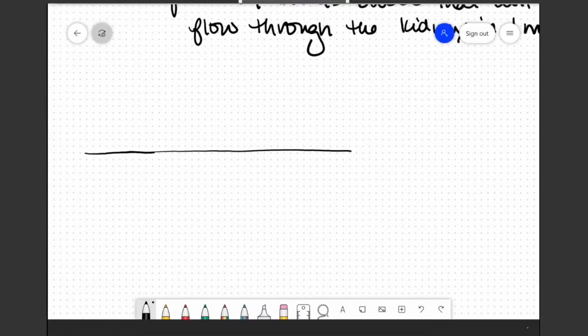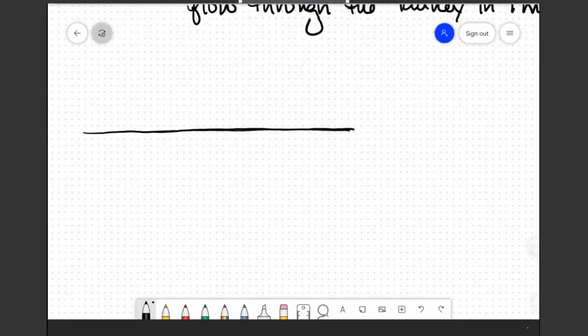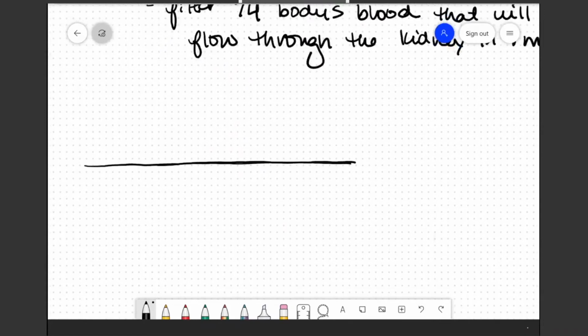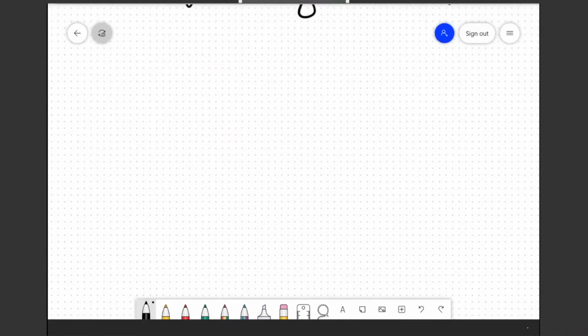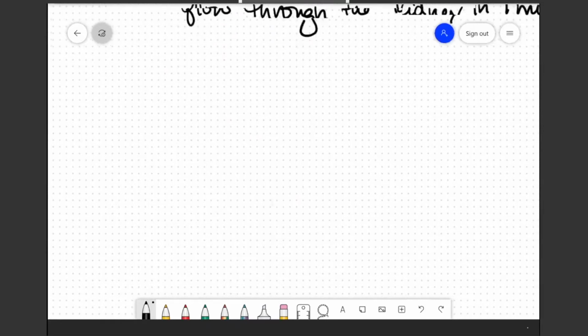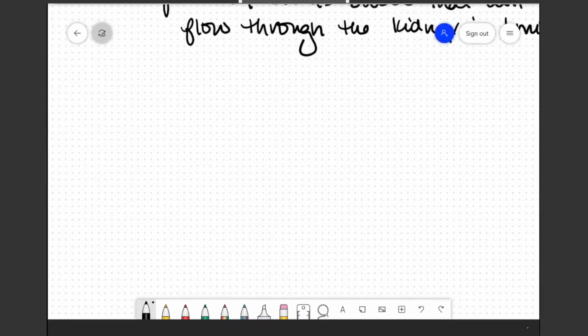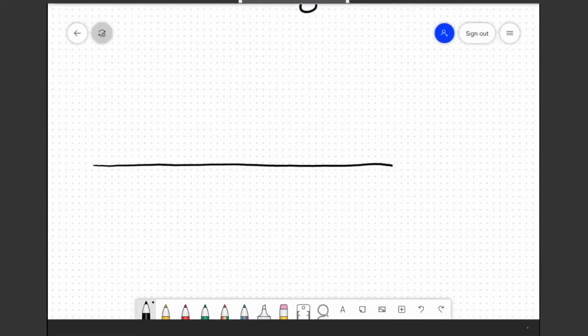This is going to be a really big drawing. We're going to have our cortex, which is the external layer, and the medulla, which is more of that internal layer.